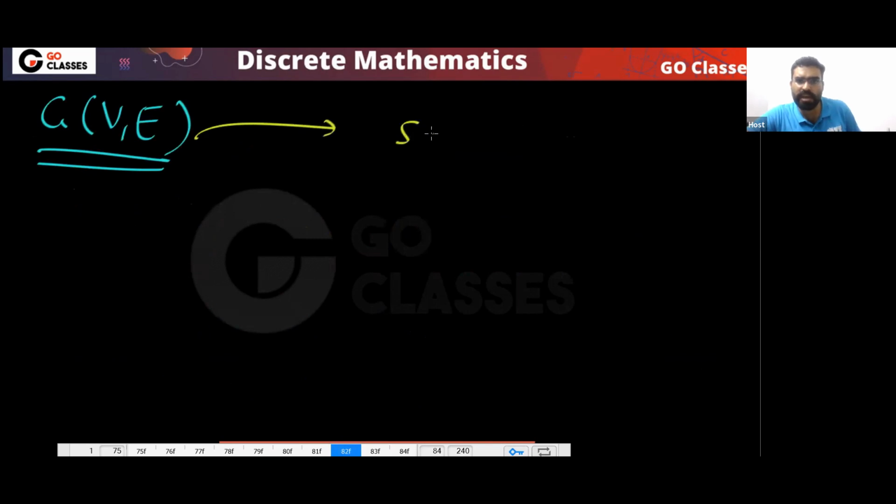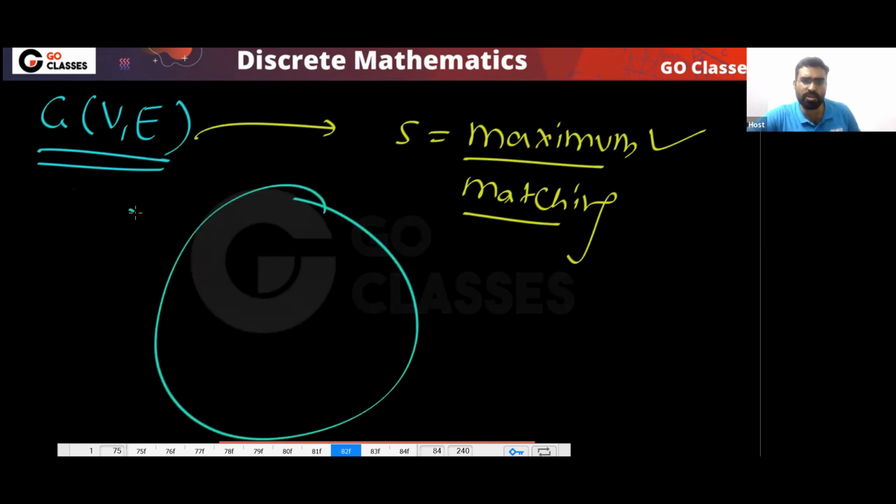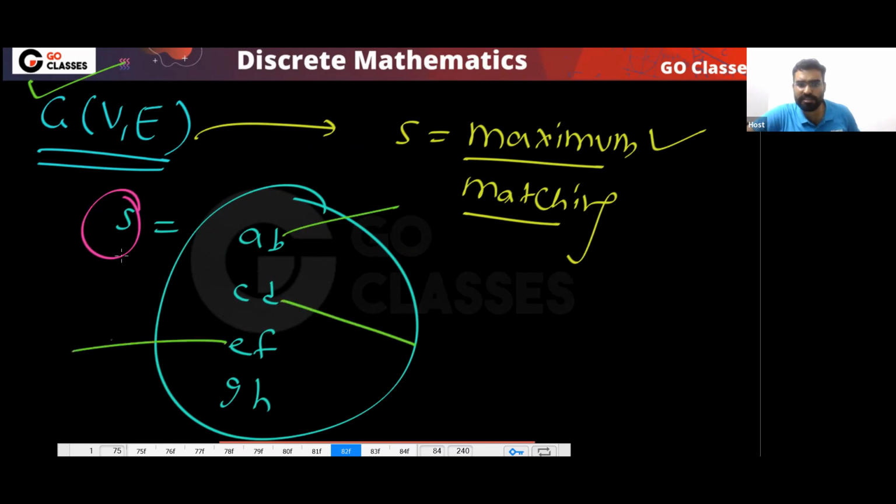In this graph, let's assume S is a maximum matching, for example A, B, C, D, E, F, G, H. If this is the maximum matching, then every edge of this graph must be incident on at least one of these vertices.